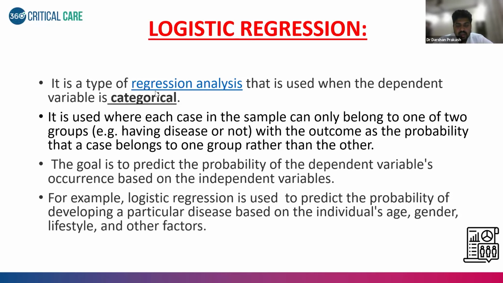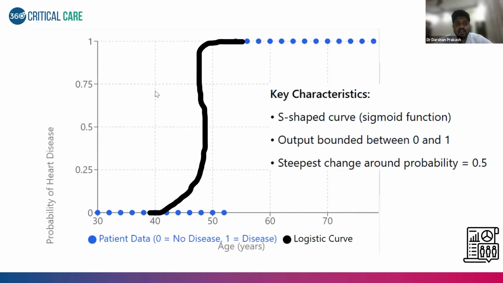The most important thing in logistic regression is that you have a steep change in probability. There are only two things that can happen: the disease will happen or the disease will not happen. This black curve, the sigmoid curve shown here, gives us the logistic regression.